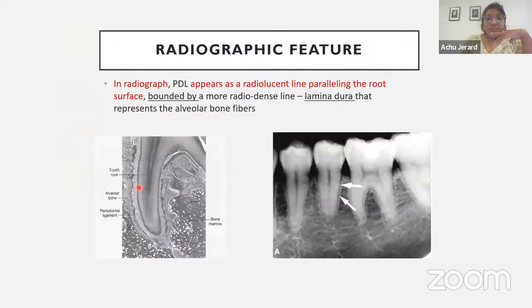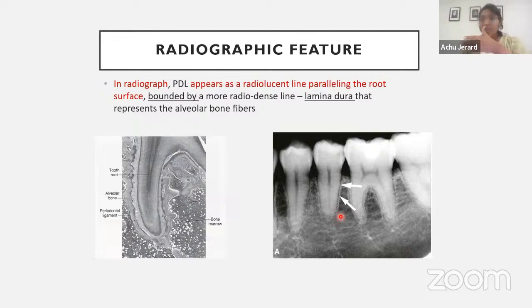You can appreciate radiographically the periodontal ligament space, which runs parallel to the root surface.